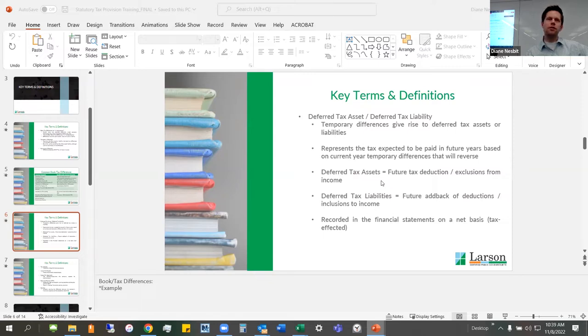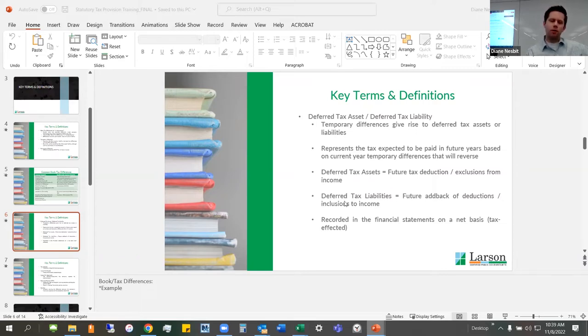You'll see in the books a $15,000 expense, but for tax purposes, you're going to have to add back that expense since you already took it. So in that example, when you take a bunch of the depreciation for tax up front, it's going to create that deferred tax liability.